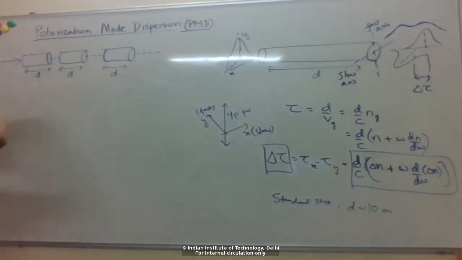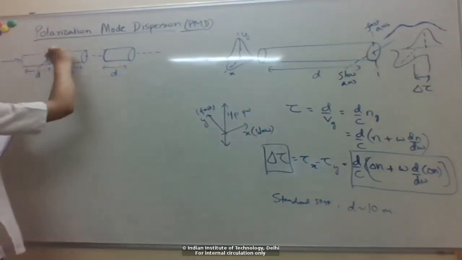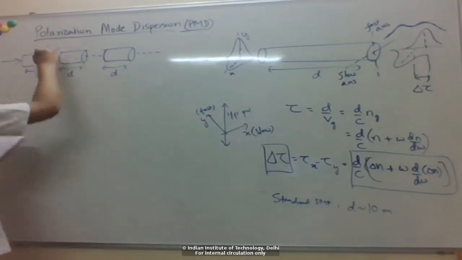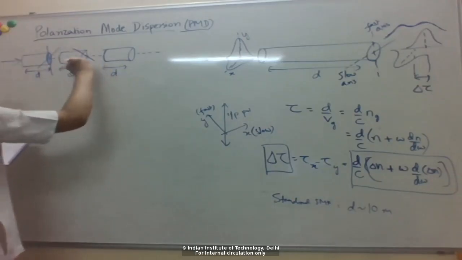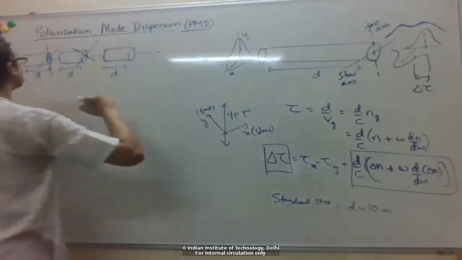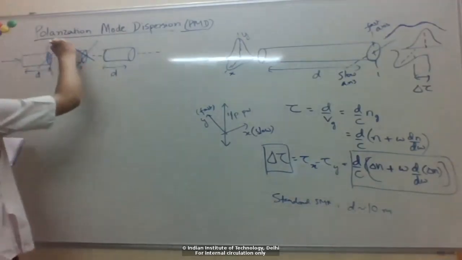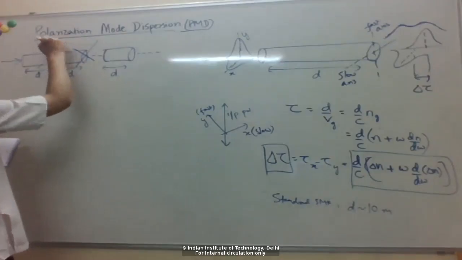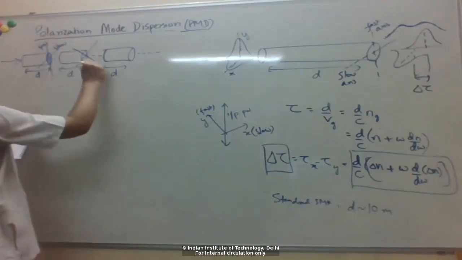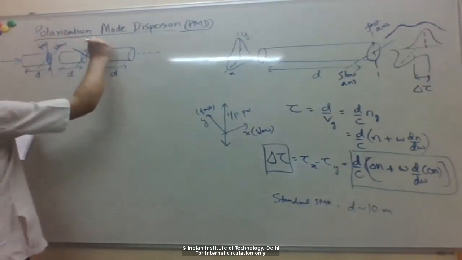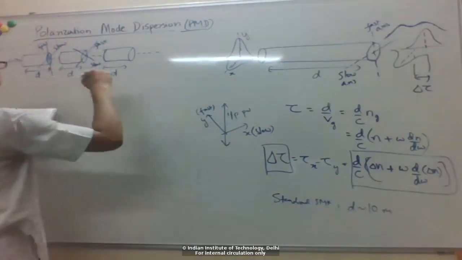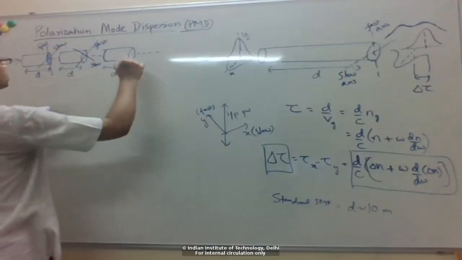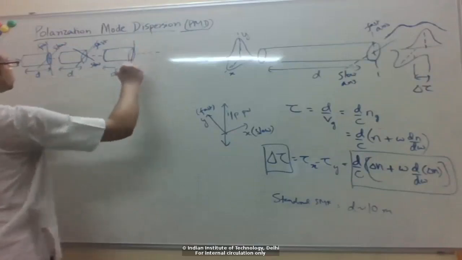Right, and basically the slow and fast axes: let's say for this one it's like that, for this one it's like that. So slow, fast, or X, Y, slow, fast.